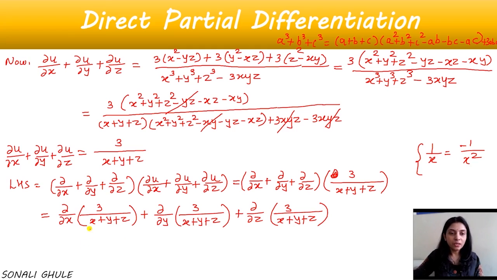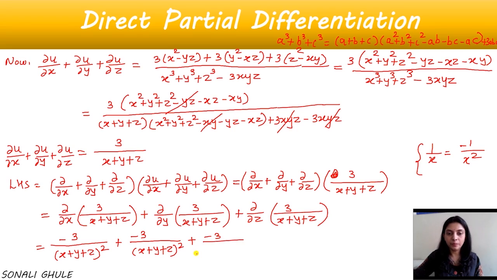So here if I differentiate this with respect to x, its derivative will be minus 1 upon, but already 3 is there, so I can write here minus 3 upon (x plus y plus z) whole square, plus minus 3 upon (x plus y plus z) whole square, plus minus 3 upon (x plus y plus z) whole square.